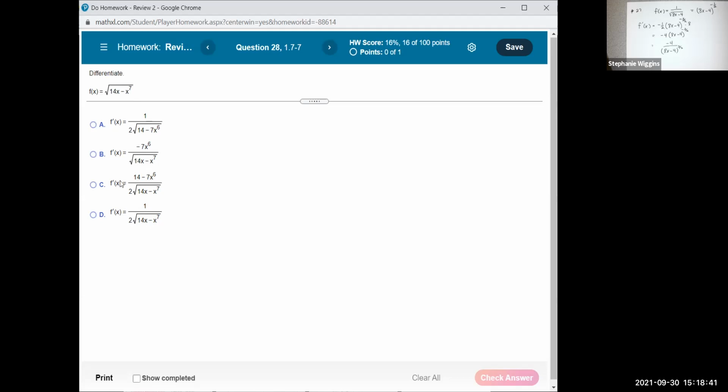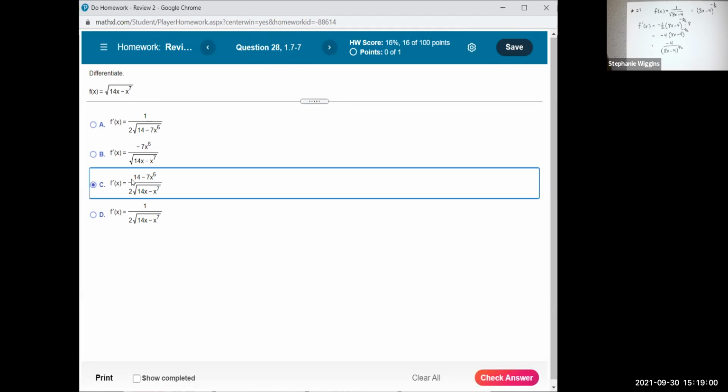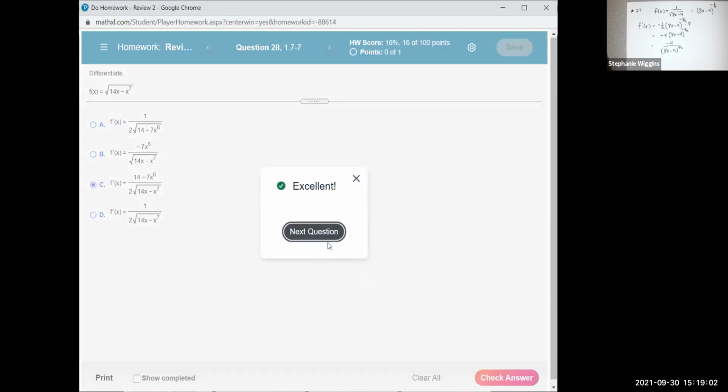Then you've got to multiply by the derivative of the inside, which would be 14 minus 7x to the 6th. So it looks to me like it would be this one, right? Oh, and then 14 also, I forgot that. So here, 14 minus 7, it looks like it's this one here. Okay.